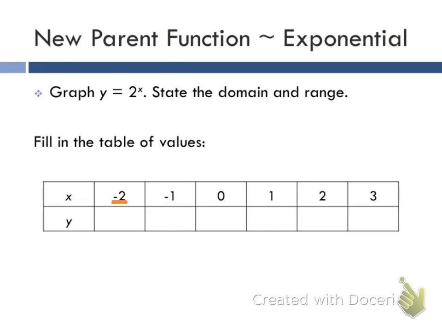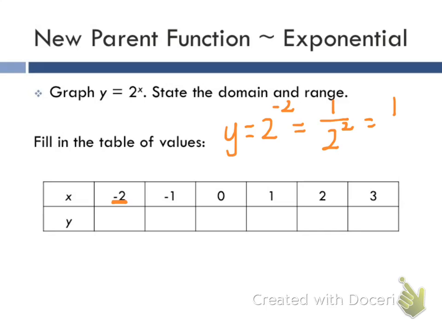Now we have to remember here for a second, what does it mean if I'm taking y equals 2 to the -2 power? Well, hopefully you remember from your previous classes and lessons that a negative exponent is the same as saying 1 over the same expression raised to a positive exponent.